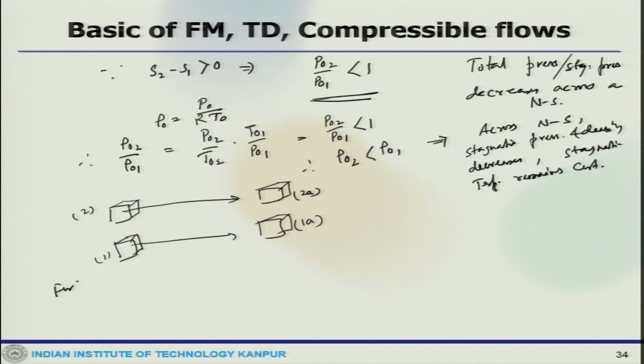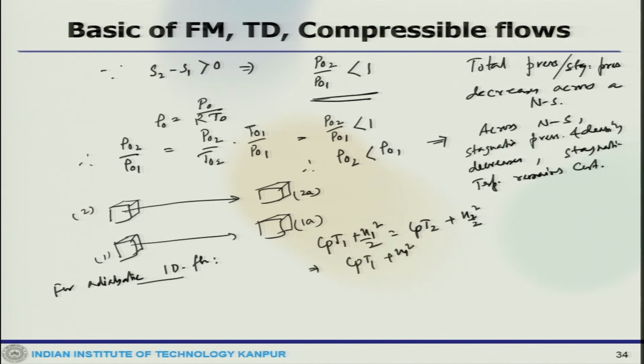For adiabatic 1D flow, we can again write Cp T1 plus U1 square by 2 is Cp T2 plus U2 square by 2, which gives us Cp T1 plus U1 square by 2 is Cp T01 and Cp T2 plus U2 square by 2 is Cp T02.